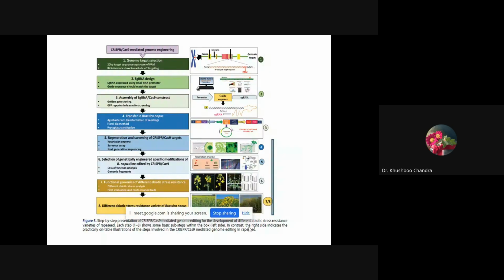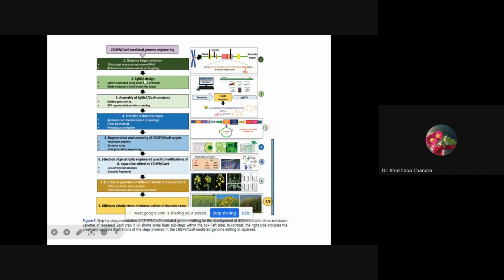Okay, so this is also one of the examples in Brassica, showing the different steps of how CRISPR-Cas mediated genomic engineering is done. First one is the genome target. So we target the genome sequence, and then with a small promoter RNA we have this sequence which should express, and the guide sequence should match the target.